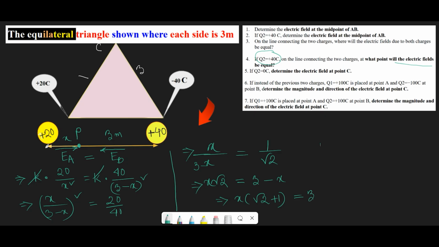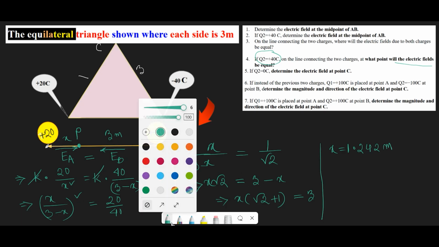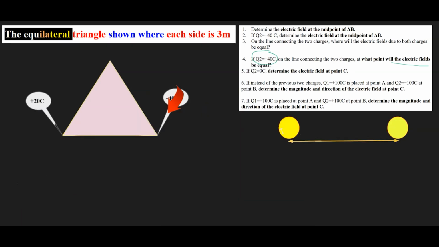So you could write the value of x equals 1.242 meter. It means from A point up to this distance is x, so x equals 1.242 meter.